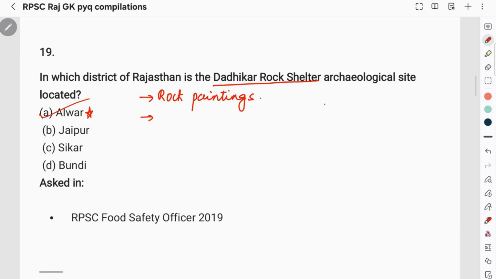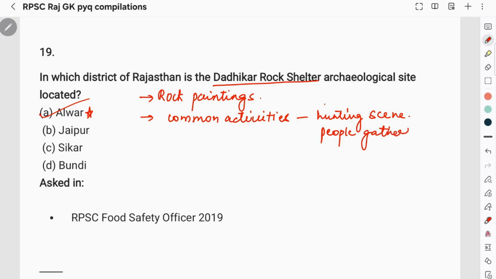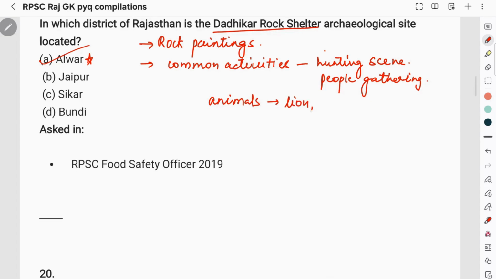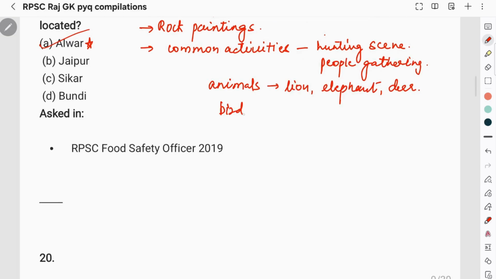The features of the paintings are that they show different activities like hunting scenes and people gathering. Specifically, a few animals are represented, like lion, elephant, deer, and among birds, images of peacock.